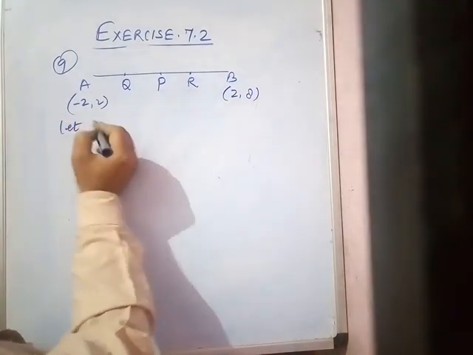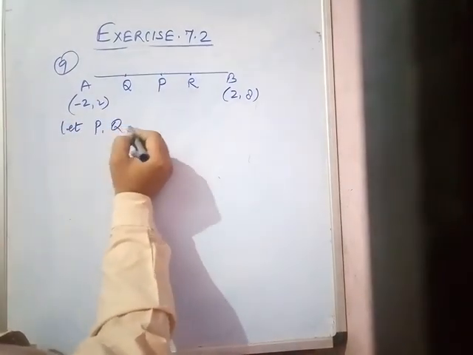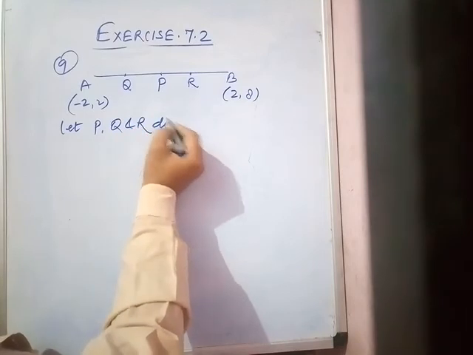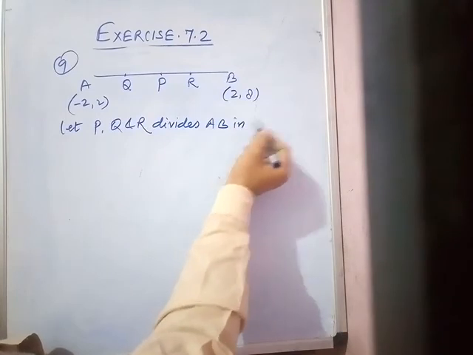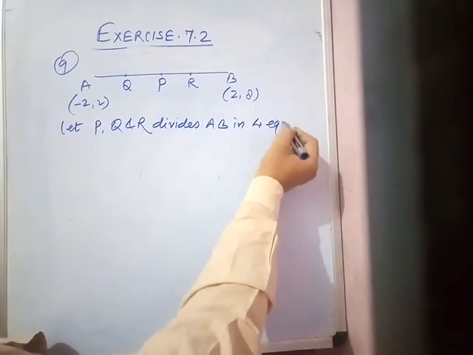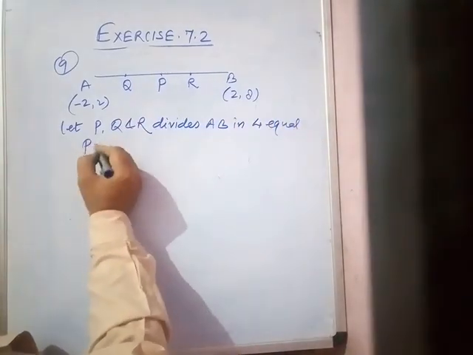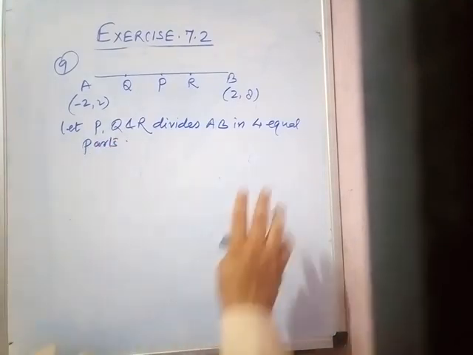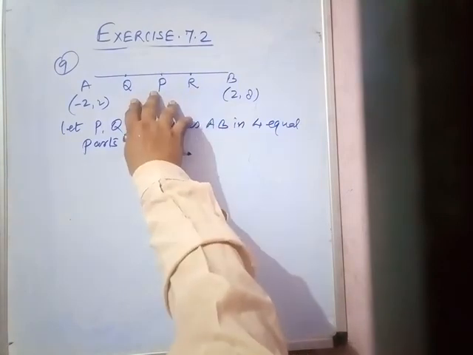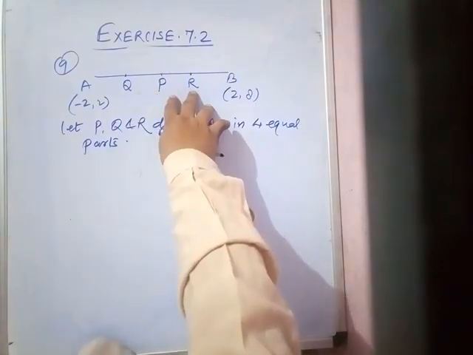Let P, Q and R divide AB in 4 equal parts. Now we have to find the coordinates of these 3 points, that is P, Q and R.